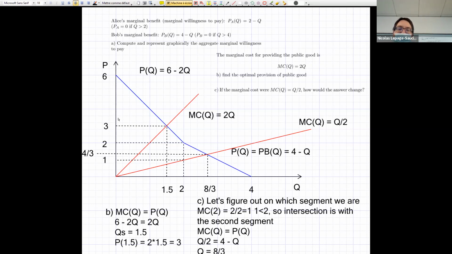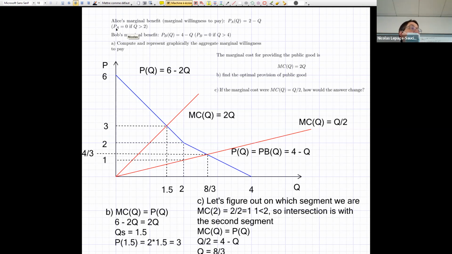Yes, but look at this here. Of course you get a negative number. So that's why I said no. She would like less of the public good. She would just not enjoy any more than that.